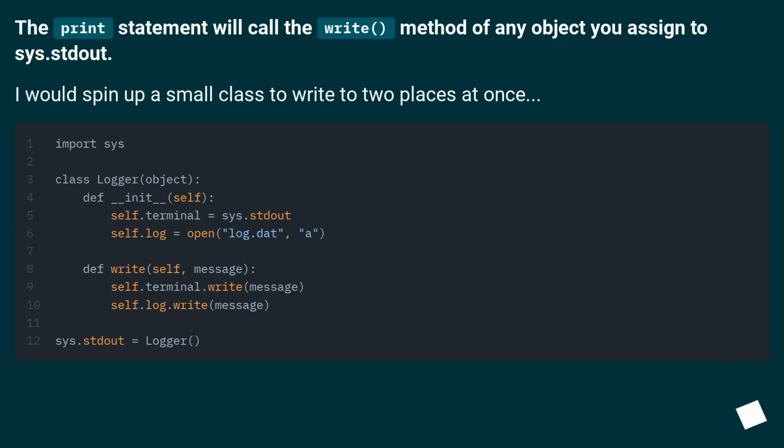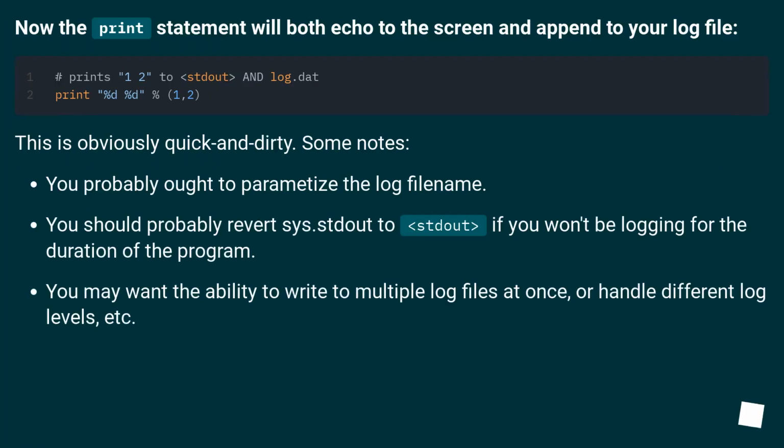I would spin up a small class to write to two places at once. Now the print statement will both echo to the screen and append to your log file.